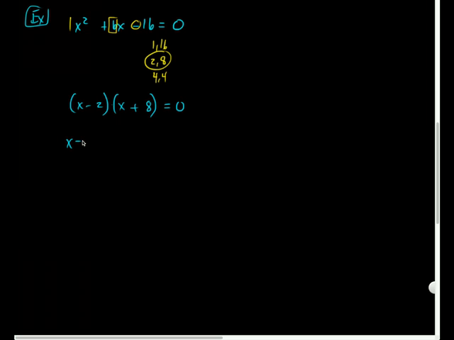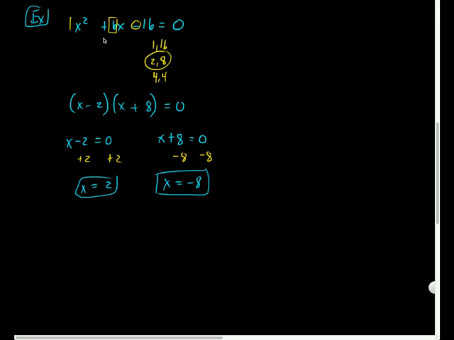So therefore, either x minus 2 equals 0 or x plus 8 equals 0. And I solve each of these. And I end up getting my two solutions once again in this case. So either x equals 2 or x equals negative 8.